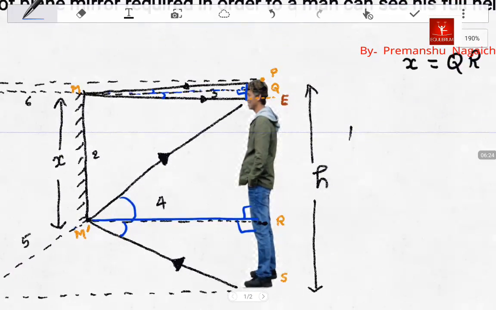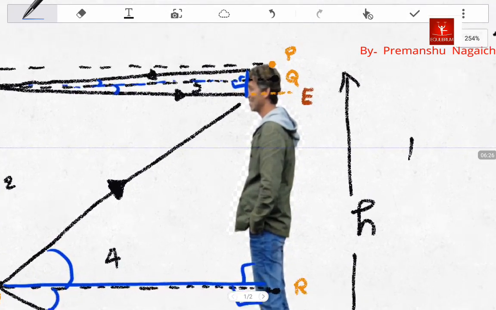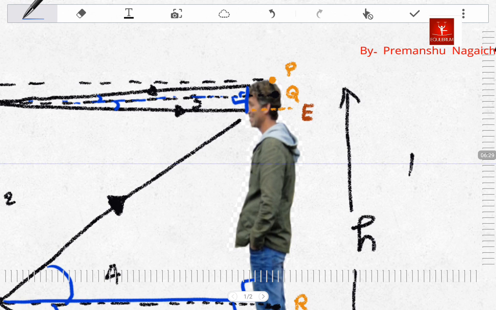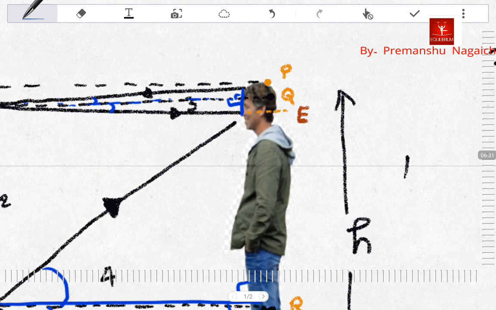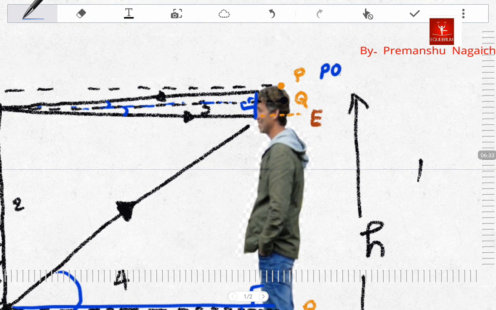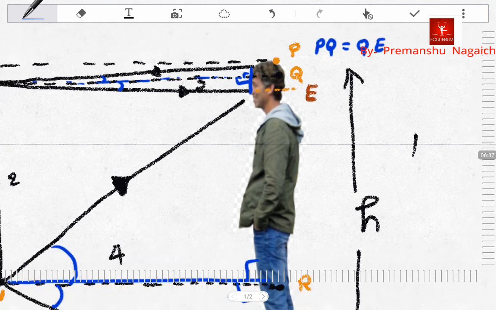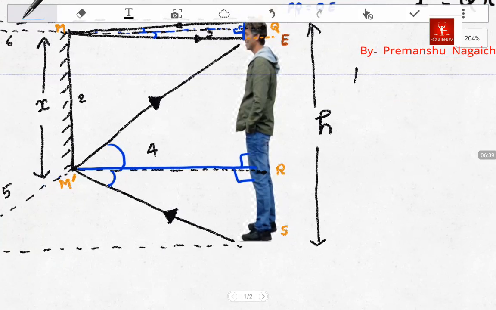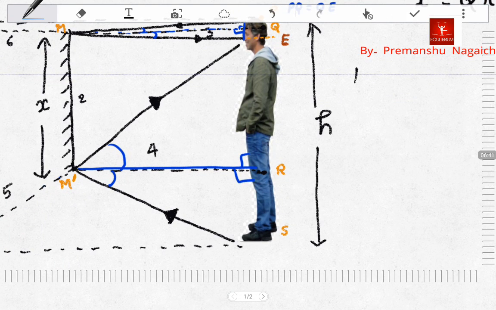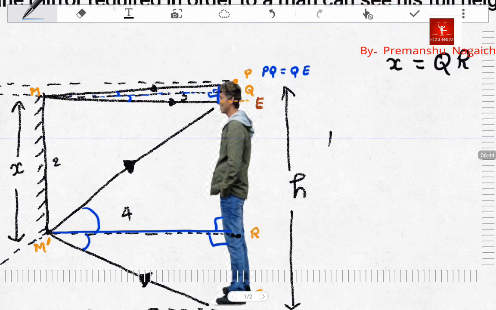Okay, then if they are similar, from here we can write PQ equal to QE, and here we can write ER equal to RS.